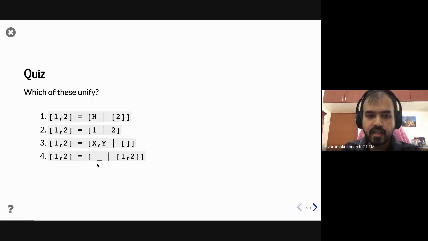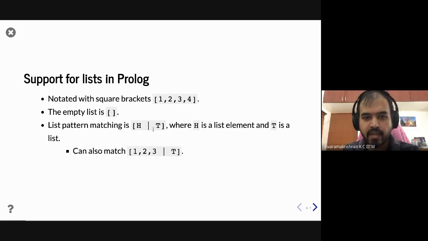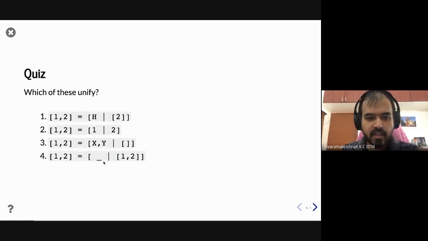As I mentioned, when you have a pattern like this, H has to be an element, right? This pattern matches a list which has at least one element. Here, 1, 2 is the list, right? I'm saying tail is 1, 2, so you cannot have any element here.